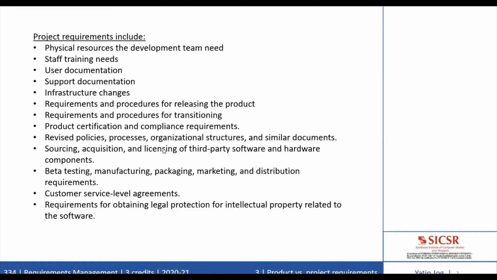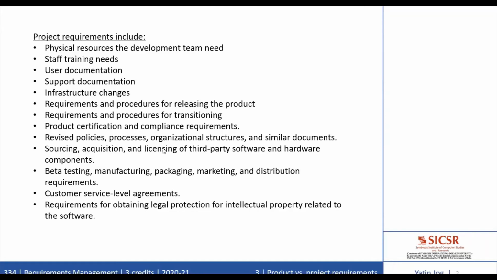Then requirements and procedures for releasing the product, installing it in the operating environment, configuring it, and then testing the installation. Requirements and procedures for transitioning from an old system to a new one are also part of project requirements.